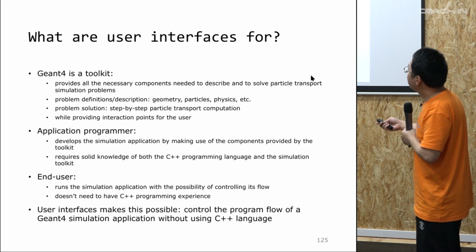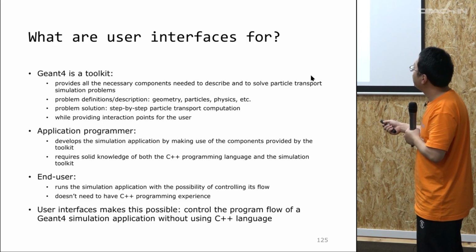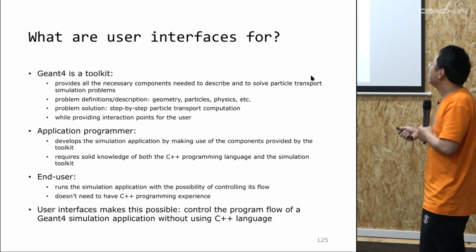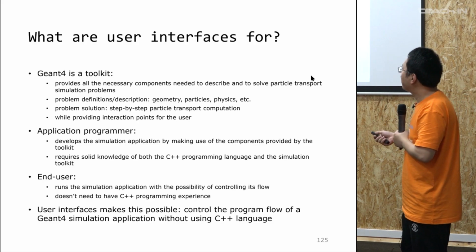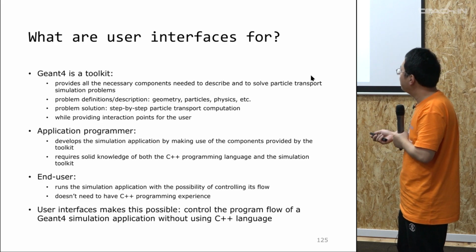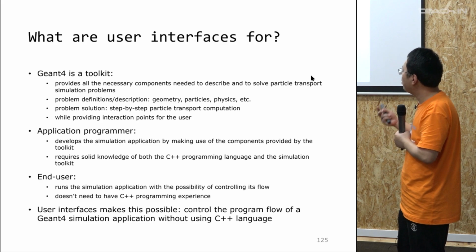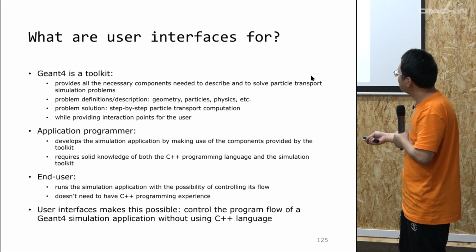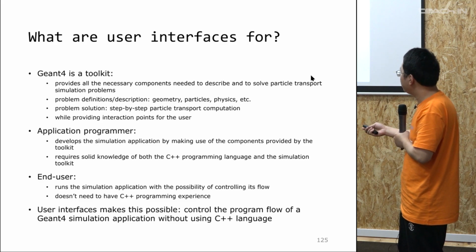As I said, Geant4 is a toolkit, so it doesn't provide you all the buttons and so on. You have to do the programming, but the end user doesn't want to do the programming, so they want some simple interface. That's why Geant4 introduced this UI.